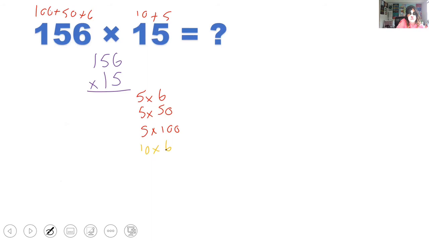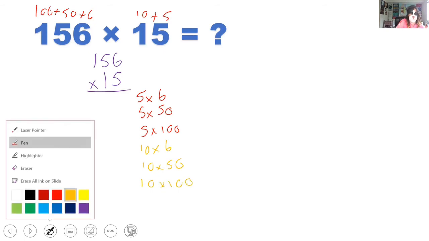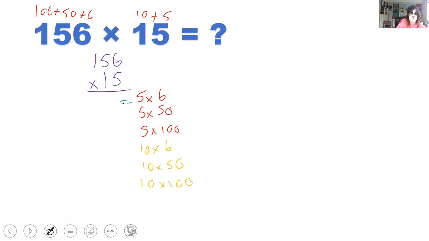Then we have 10 times 6, 10 times 50, 10 times 100. Okay, now I'm going to write out all the answers to this and solve it.